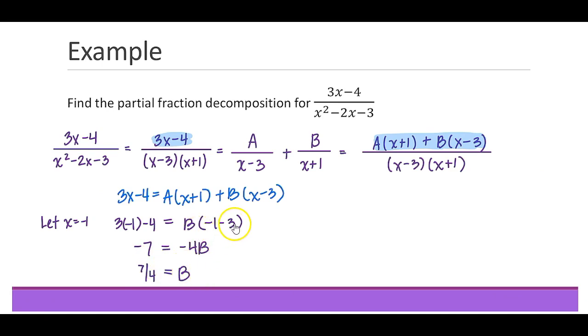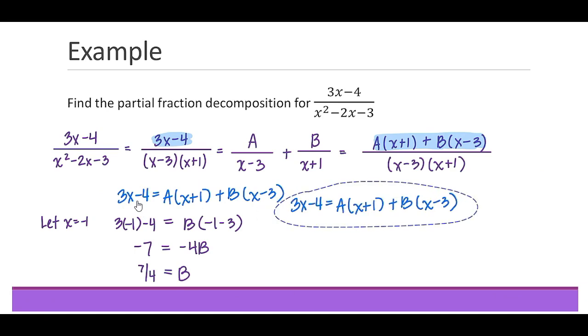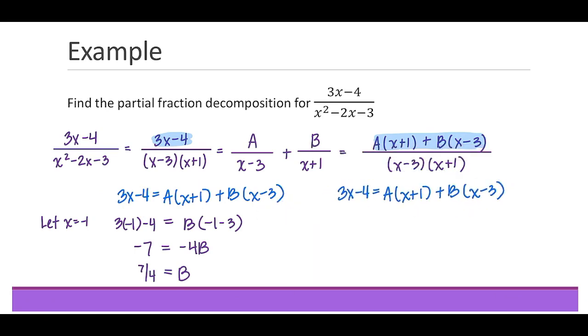Now, to find the value of a, we can go back to this original equation and again conveniently choose a value that will eliminate the b variable term. Well, that would be a +3. 3 minus 3 is 0, so that will cancel out the right term. So we're going to go ahead and let x equal 3.